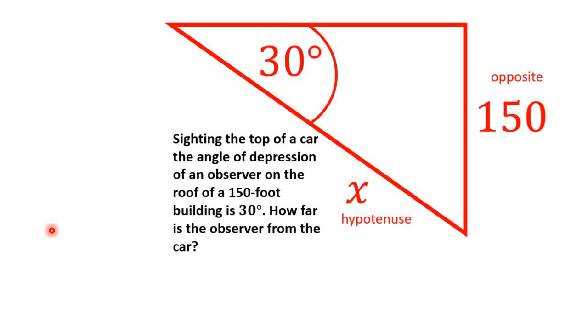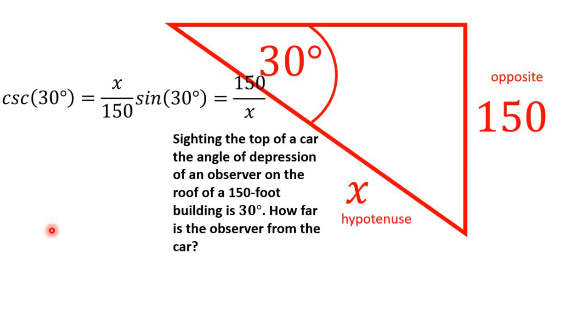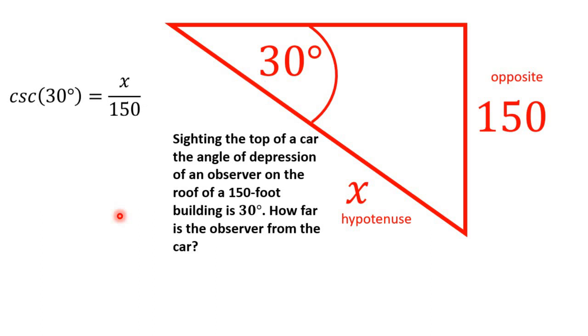So those trig functions could be the cosecant of the 30-degree angle equals the hypotenuse, which is x, over the opposite, which is 150, or the sine of the 30-degree angle equals the opposite, 150, over the hypotenuse x. I once again prefer when the variable is in the numerator. It makes it a little bit easier for me. So I'm just going to go ahead and use the cosecant.